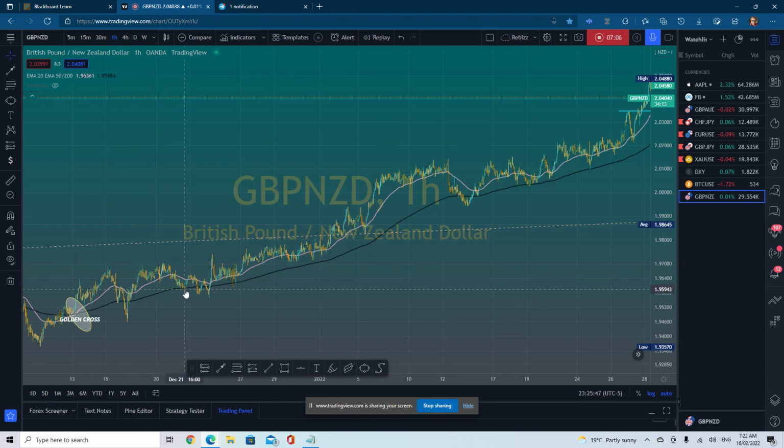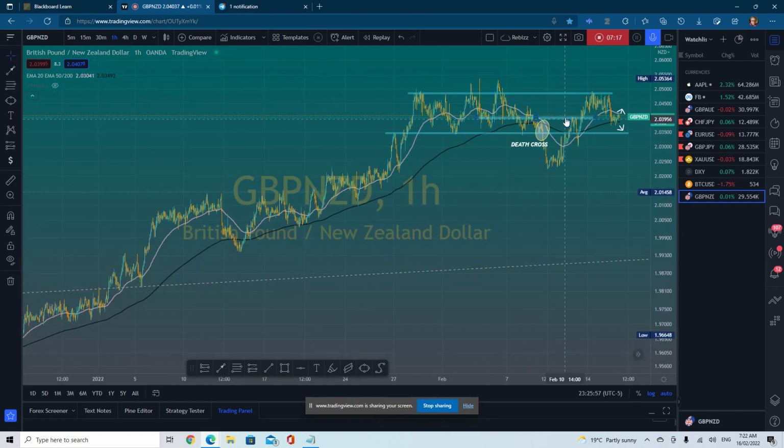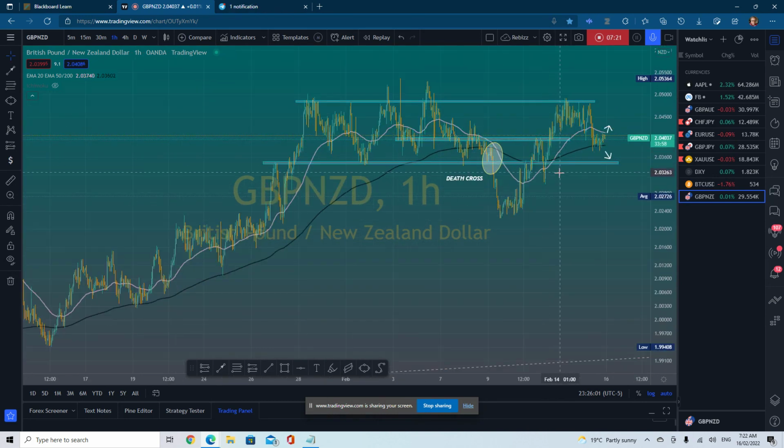But swing traders will hold completely until the fast moving average crosses the slow moving average, and enter again when it crosses.